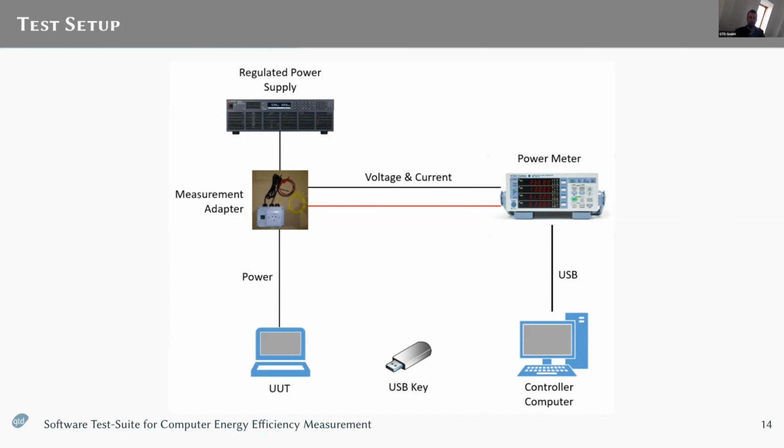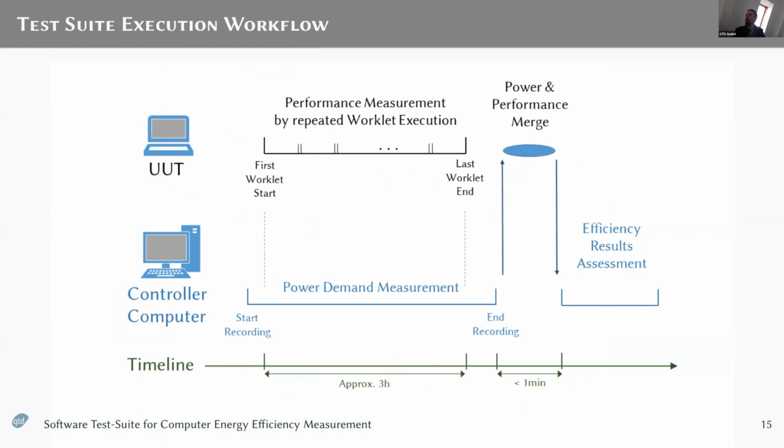I think there will also be another image exactly. This is the timeline which happens when you run a test. So starting on the left side, you start the recording of the power measurements as the first item. Then you start the worklets on the unit under test.